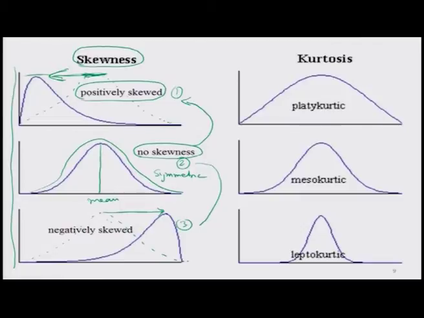And the opposite happens in figure number 3, where the hump is shifted on the right hand side, and we say the curve is negatively skewed. So, the skewness can be symmetric, that means no skewness, or it can be positively skewed or negatively skewed.